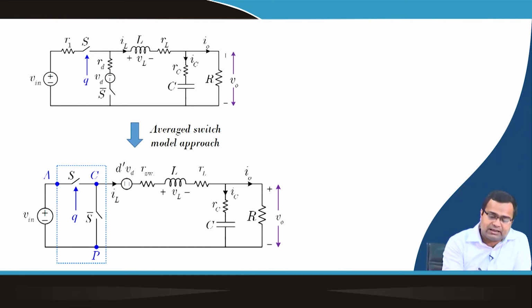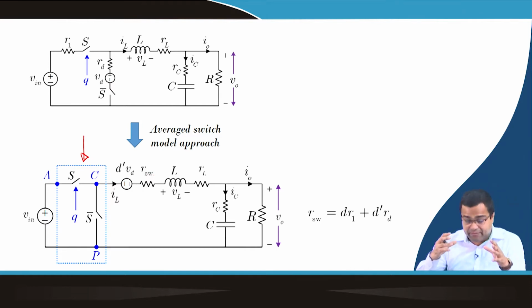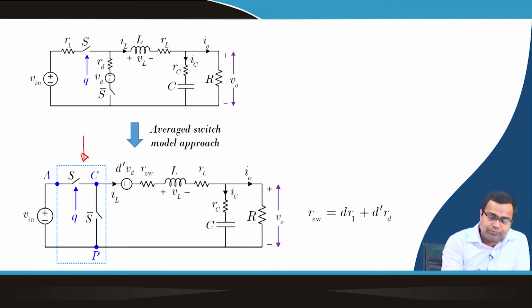if we want to apply the average switch model, then we need to make this switch an ideal switch. That means all the parasitics have to be taken to the right side. You see this Vd, which is there, came here with 1 minus D because it is activated during the off time.